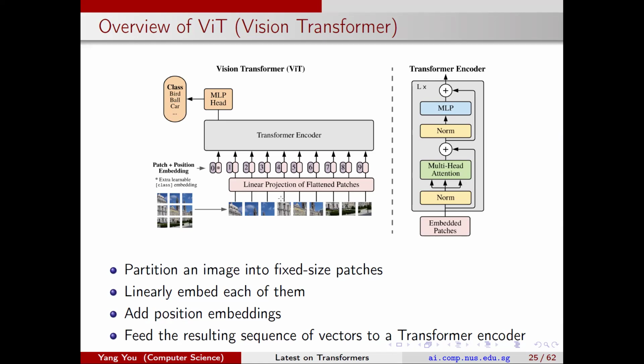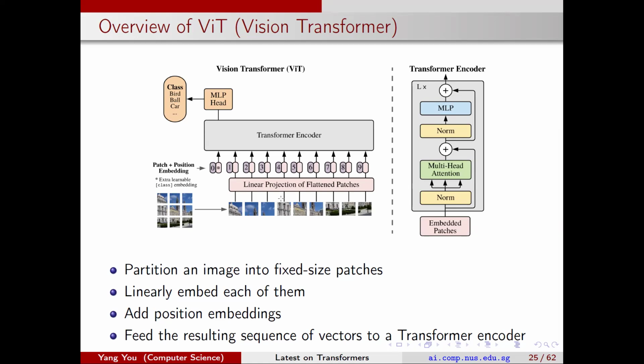The input of the transformer is a sequence. Now we want to process image data. An image is not a sequence, right? An image is something like 2D information. So how can we convert the 2D image to a sequence?